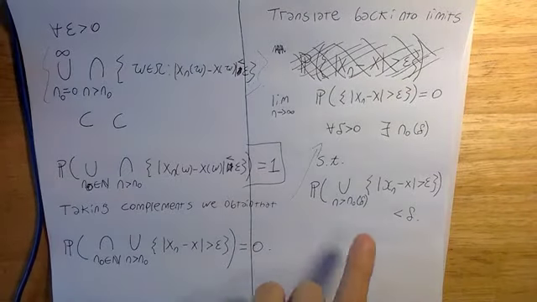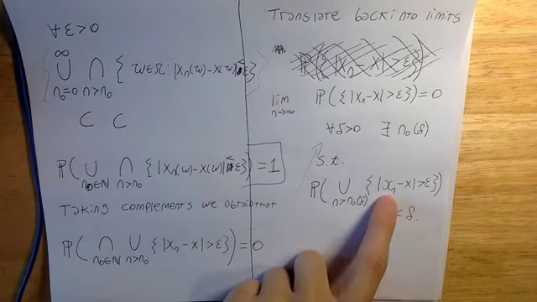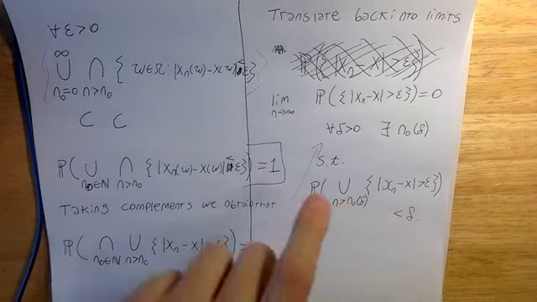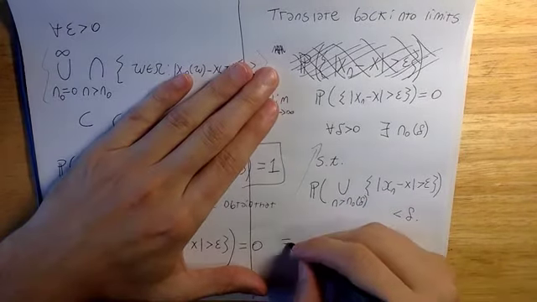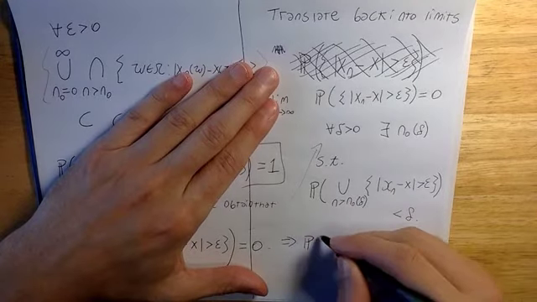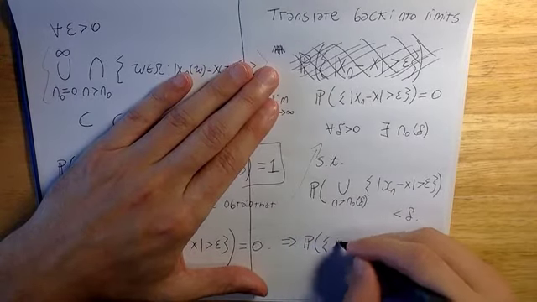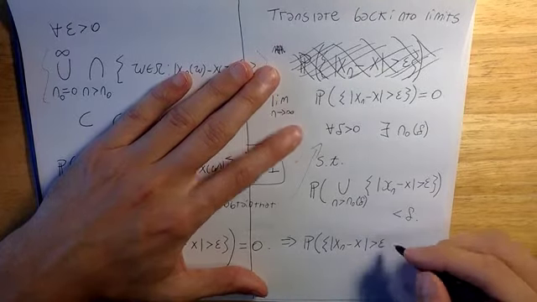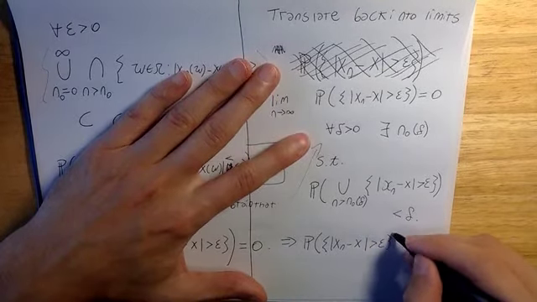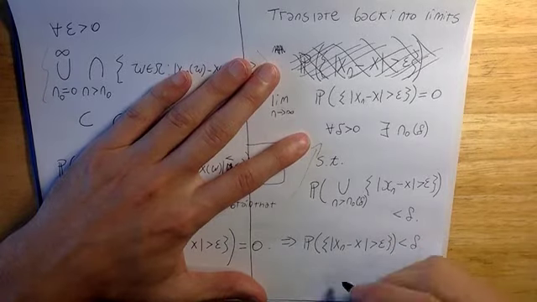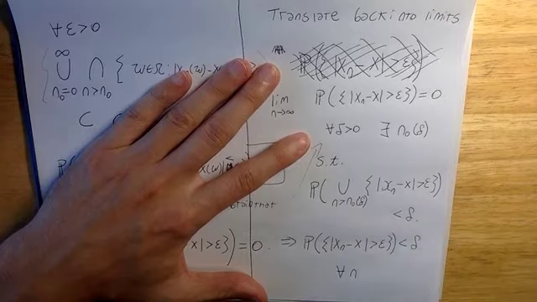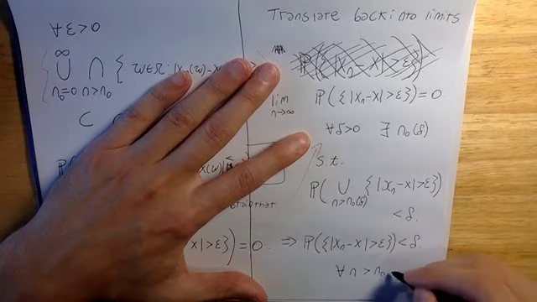But we are taking the union of all of them, so we can just take a particular one. So this also implies that the probability that |xn minus x| is bigger than epsilon is less than delta for every n larger than n0(delta).